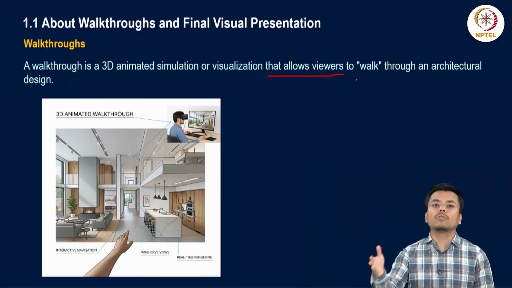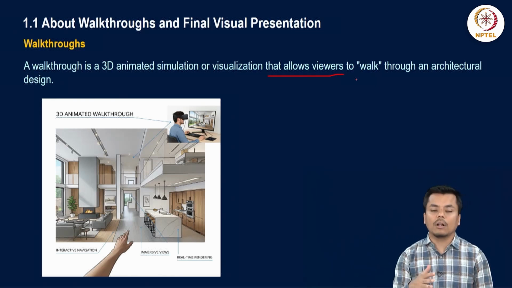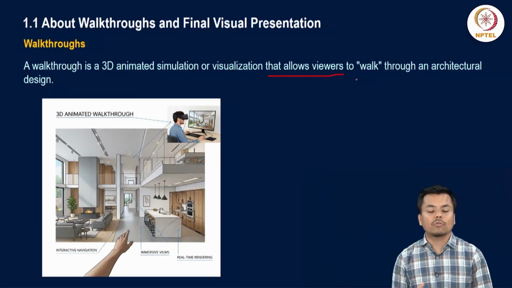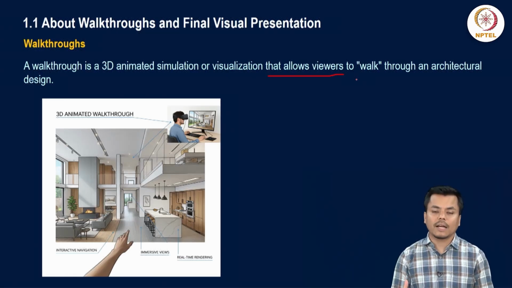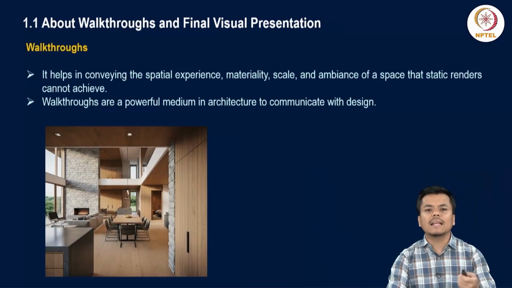But when you try to move around the structure, see all the different parts or enter inside the structure and visualize the spaces that you have designed, for that walkthroughs or that kind of videos are required. It is basically an animated movement through your structure. Walkthroughs help in conveying the spatial experience, the materials that you have used, the scale of the structure, and the ambience of a space that static renders cannot achieve.